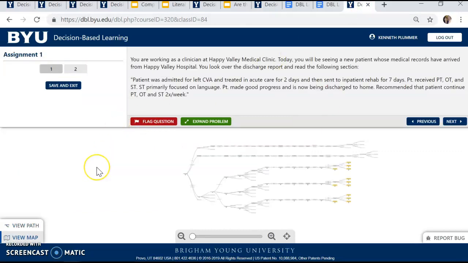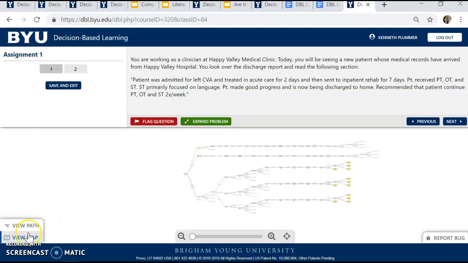A final example, this one comes from a communication disorders course, and you'll see there's a scenario up here. You're working as a clinician at Happy Valley Medical Clinic. Today you'll be seeing a new patient whose medical records have arrived from Happy Valley Hospital. You look over the discharge report and read the following section.